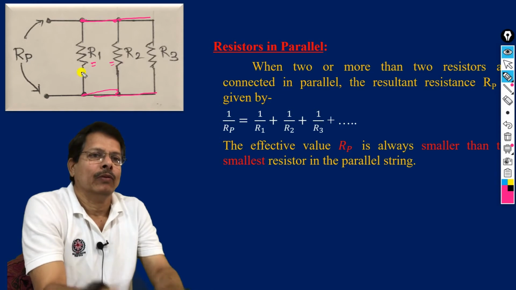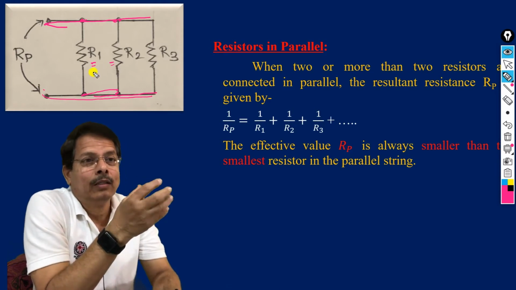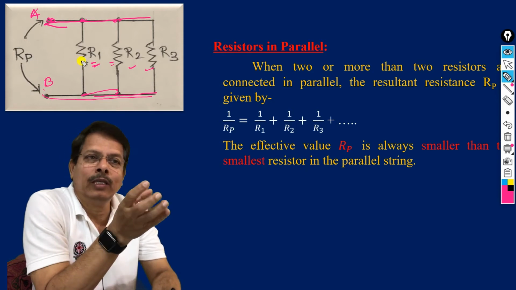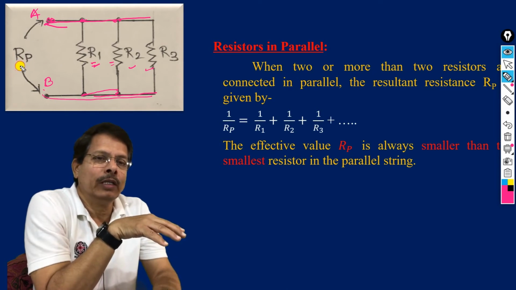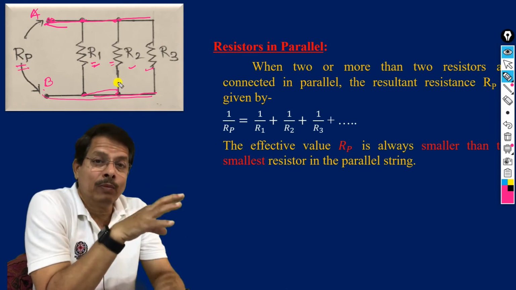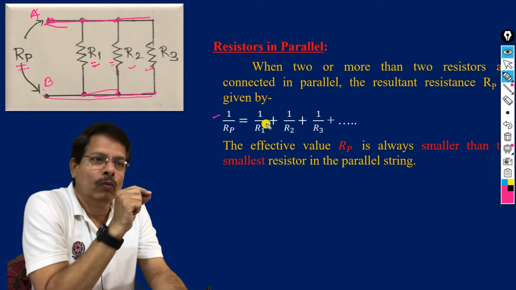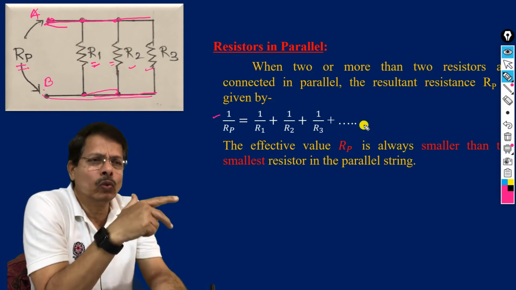And when you connect them in parallel like this, the effect is that this resistance is different from R1, R2 and R3. Suppose this is point A, point B; between A and B, these R1, R2, R3 are parallel. The effective resistance is RP, and RP is given by 1 upon RP equal to 1 upon R1 plus 1 over R2 plus 1 upon R3 and so on.